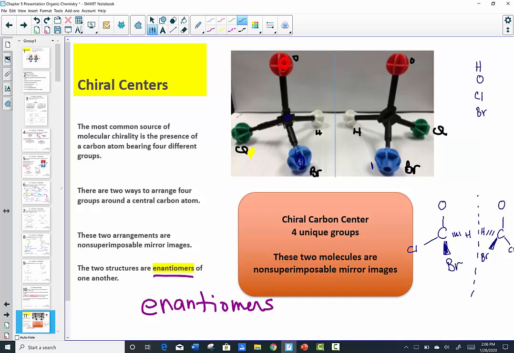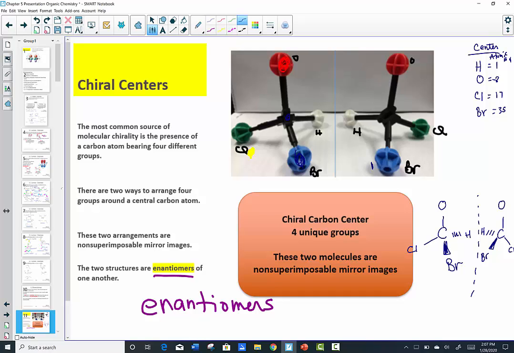Those are the 4 attachments to the carbon center. Hydrogen has an atomic number of 1. Oxygen's atomic number is 8. Chlorine's atomic number is 17. And bromine's atomic number is 35. Just right off the periodic table, I'm finding the atomic number.